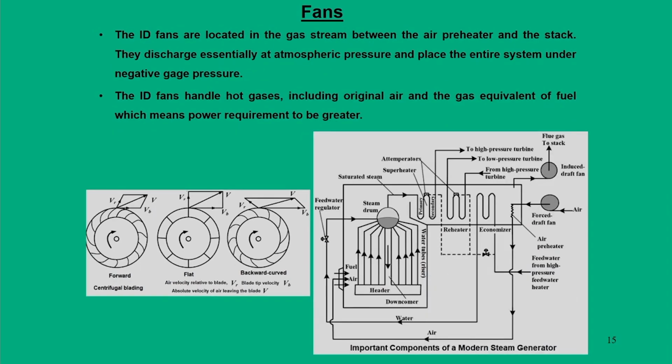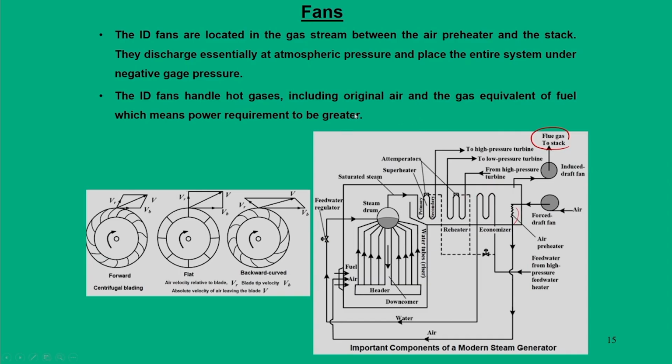But there is another category of fans which we call induced draft fans. They are located in the gas stream between the air preheater and the stack; the stack side is here and the air preheater unit is here. Essentially the induced draft fan pulls the combustion products out from the system towards the stack.